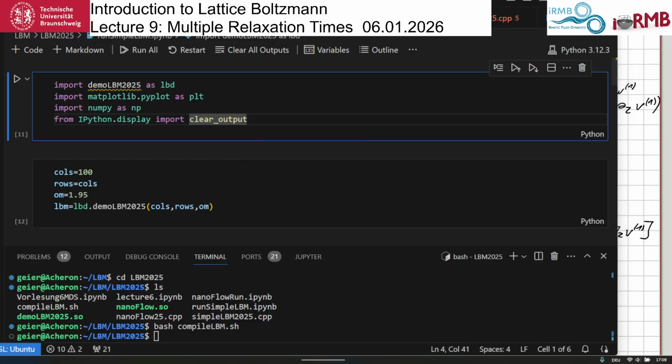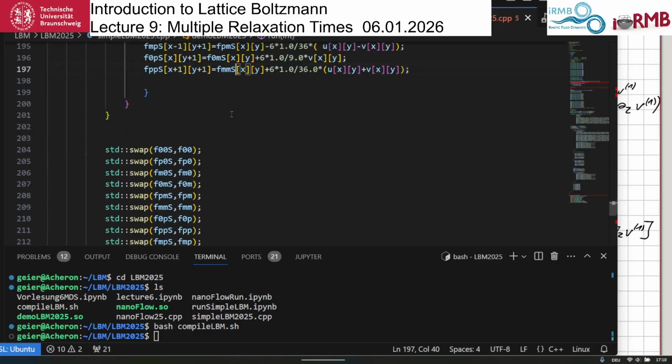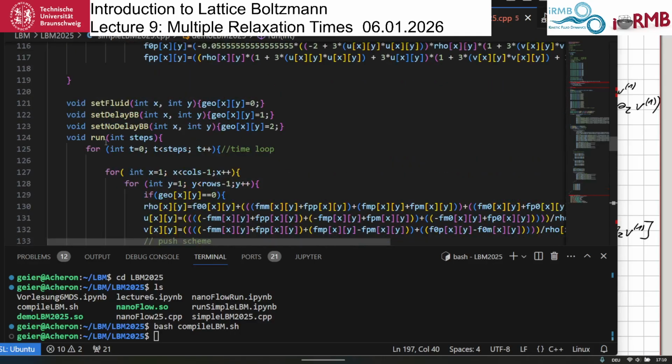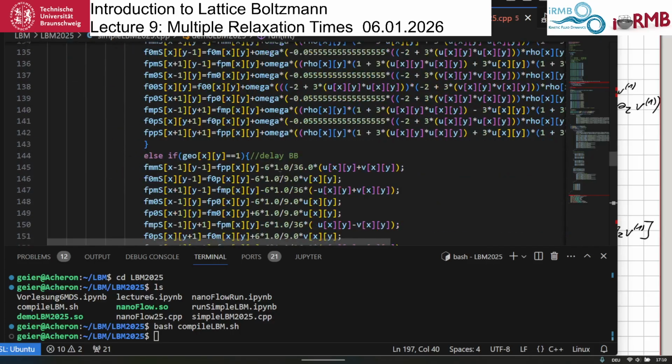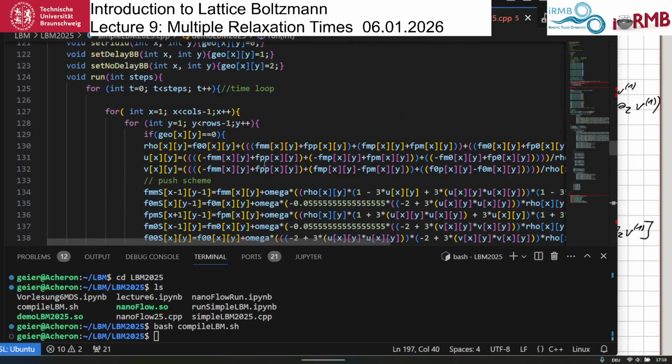Okay, I have no idea where we are. So we left this. I guess this was our code, right? Okay, so far we had this run function, and this run function does a BGK.